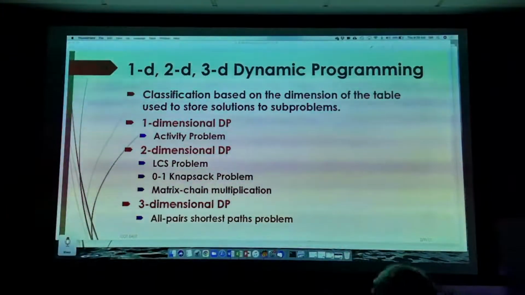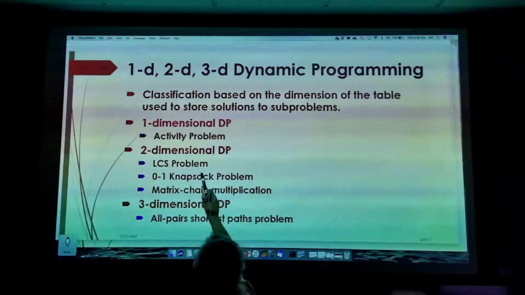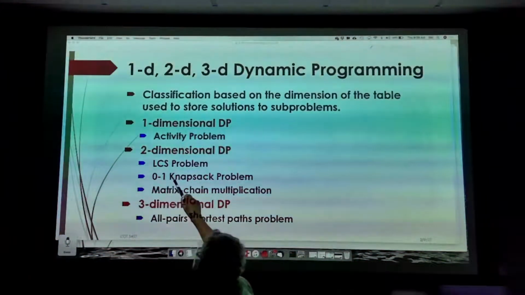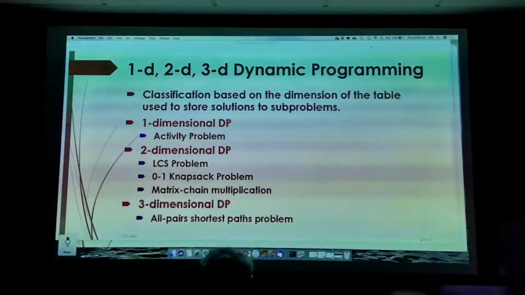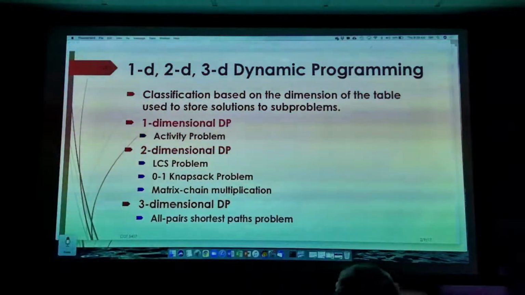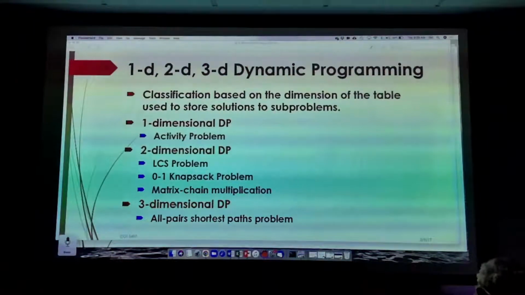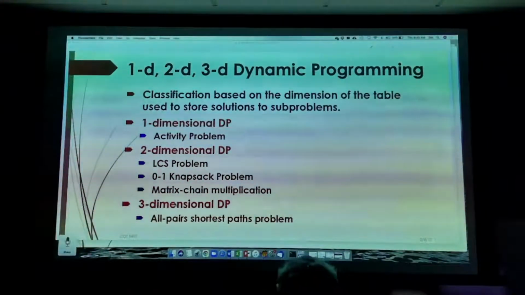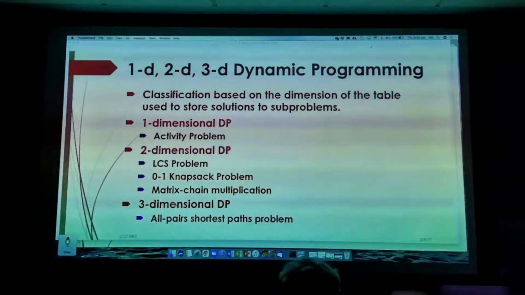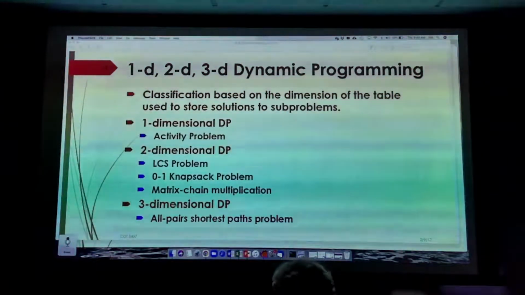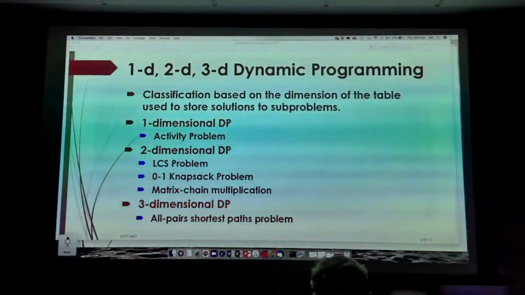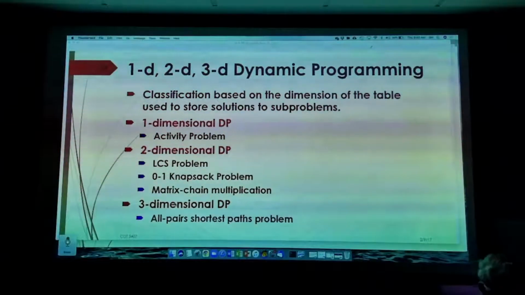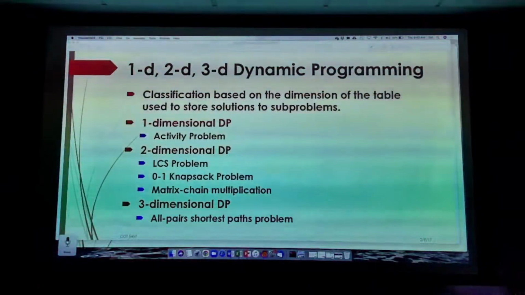Today's problem is the LCS problem, and if I have time, I'll get to the 0-1 knapsack problem. If you've seen these, it might still help you to pay attention because there is a very systematic way to approach dynamic programming problems, and understanding this can be very helpful in solving more general dynamic programming problems.